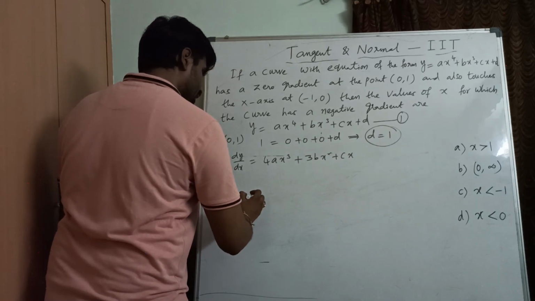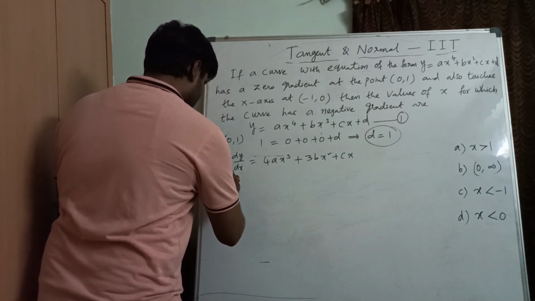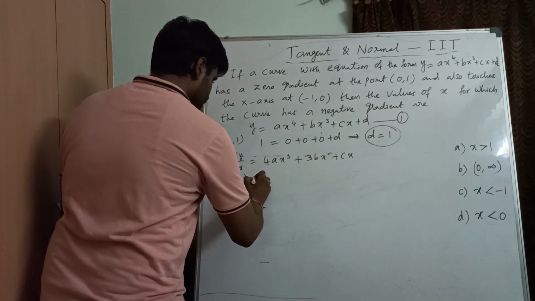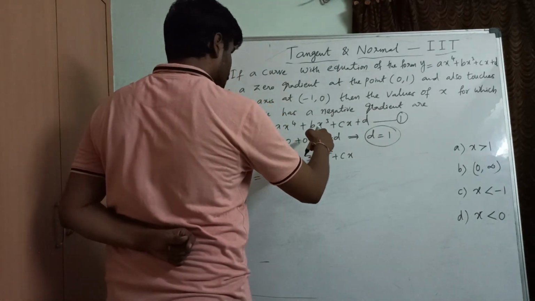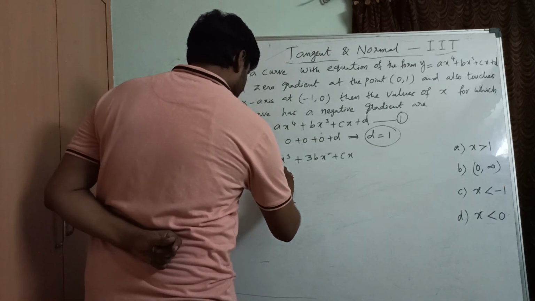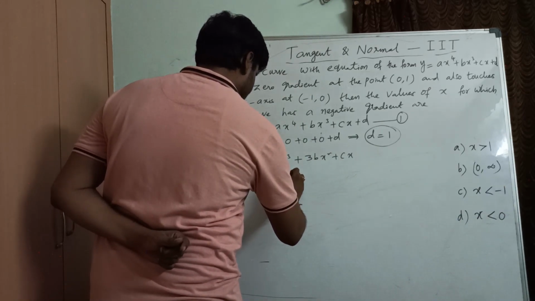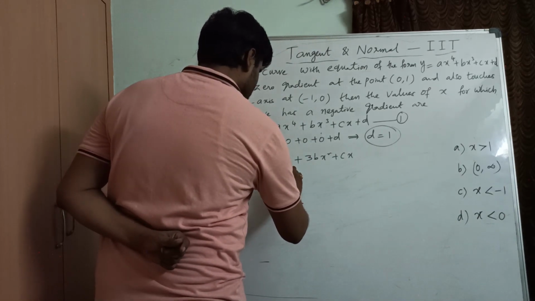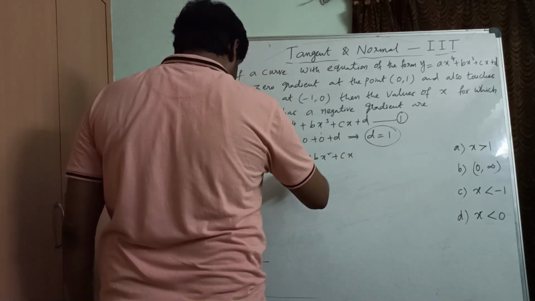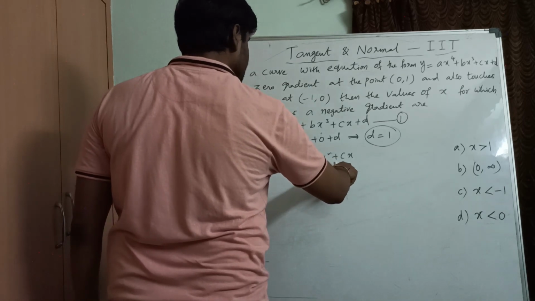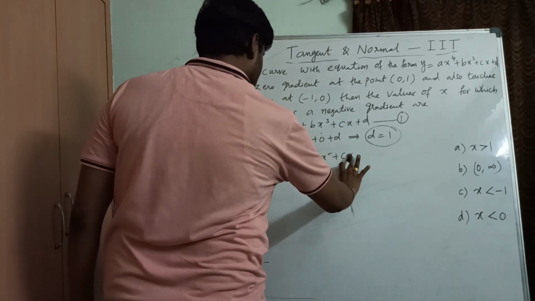So at 0, 1 we should add 0, 1. Right? So now substitute here, this will be 0, 1. Substitute 0 there. So what will you get? So 4a into 0. So here the 4ax cube plus 3bx square plus c into derivation of x 1 here.